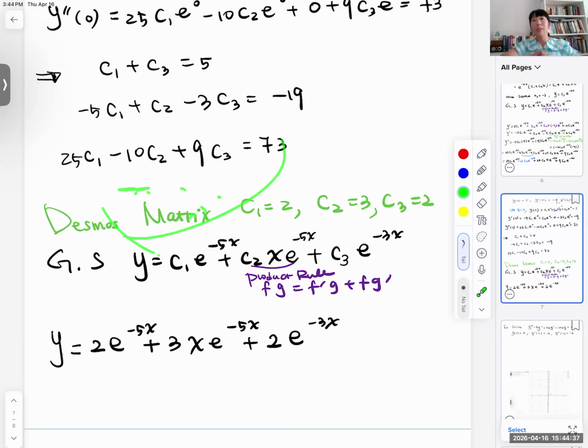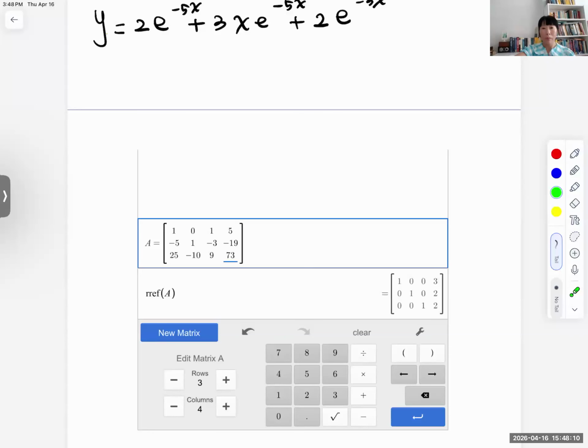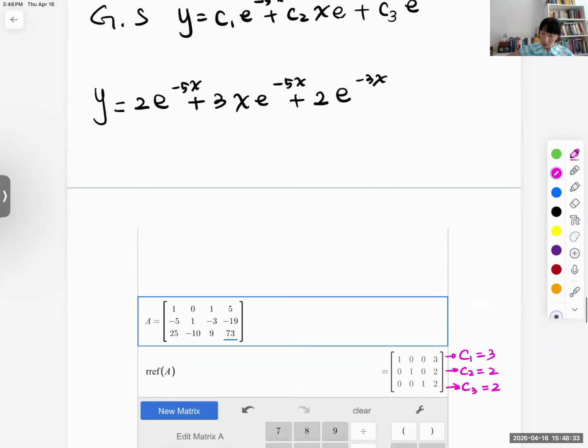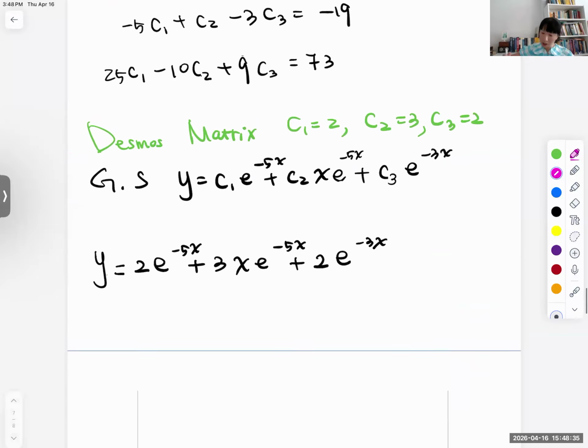Okay, let me double check this one because I changed c sub 1, c sub 2, c sub 3 here. Let me pause. Okay, so I brought the decimals matrix here. So look, slightly different because this is c sub 1 equal to 3, right? This is c sub 2 equal to 2. This is c sub 3 equal to 2. So it should be changed, right?